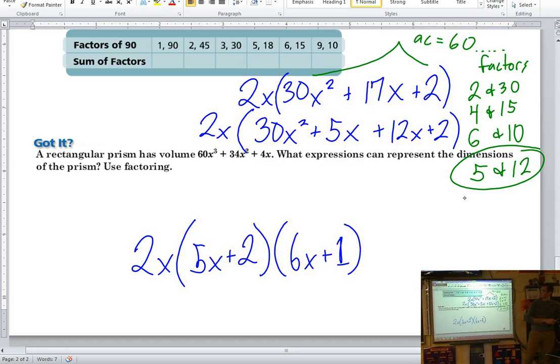Technically, you could go 30x squared without factoring. It's just a lot more inconvenient. It has to be factors of a times c, so like 60. You have to get to the point where there's a constant. Yes, factor it before you find your AC.